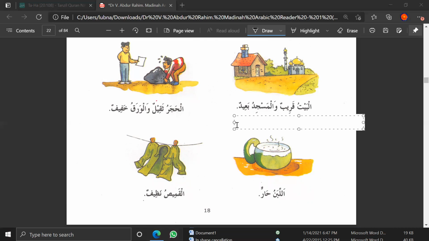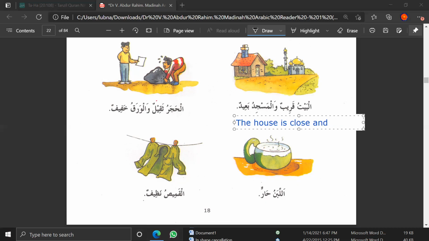It means the house is closer. The house is close and the masjid is far. Excellent. Qaribun is just like Qarib in Urdu, meaning close, closer.